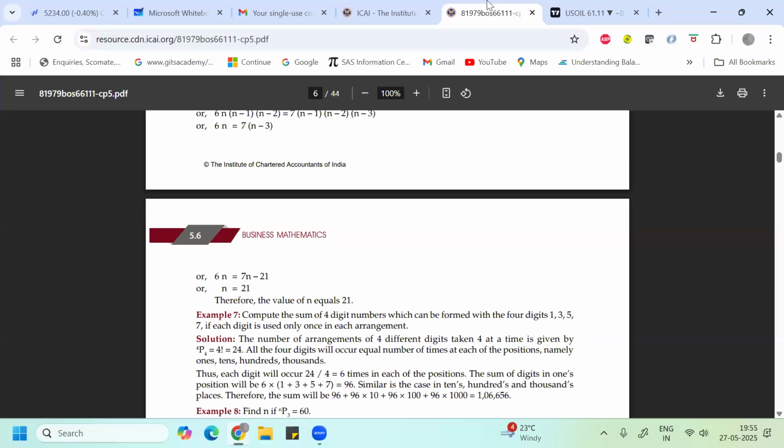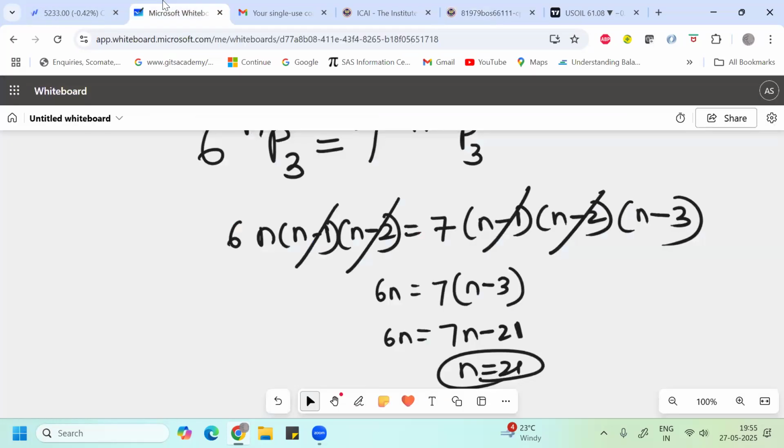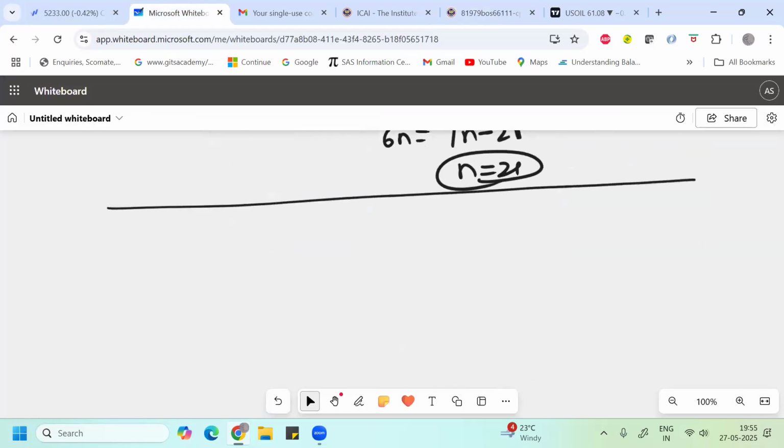Similarly, compute the sum of the 4-digit numbers which can be formed with the digits 1, 3, 5 and 7, if each digit is used once in the arrangement. For this kind of sum-based problem, this question comes in the IIT exam, sum of n digits.